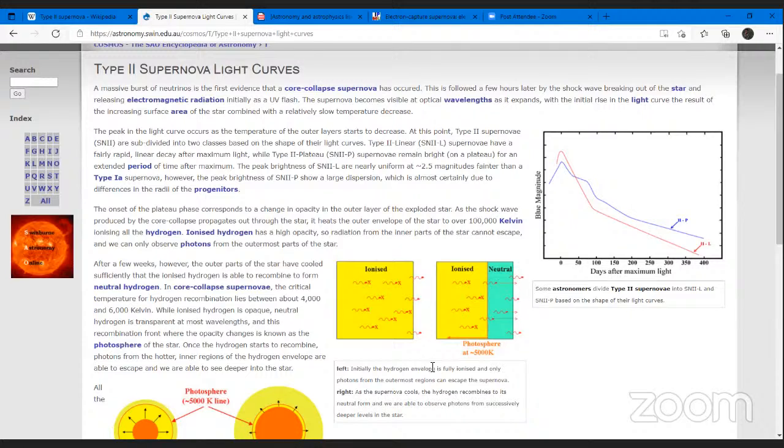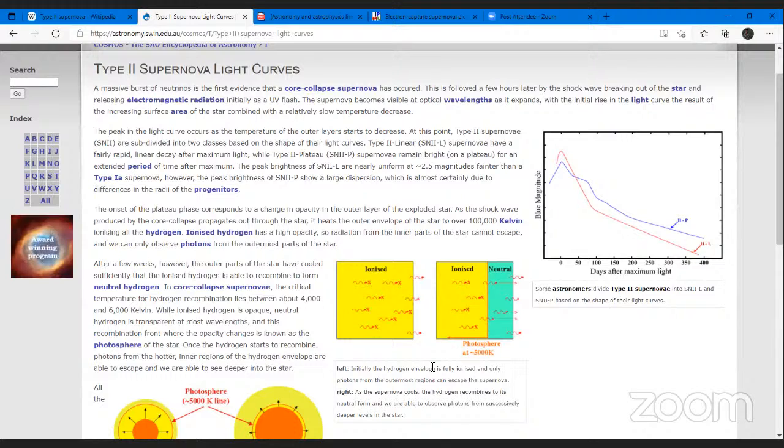So now you could visualize that this ionized hydrogen outer layer acts as a mask, preventing us from knowing the data about the core of the particular progenitor star. So we can observe only the photons from the outermost parts of the star.